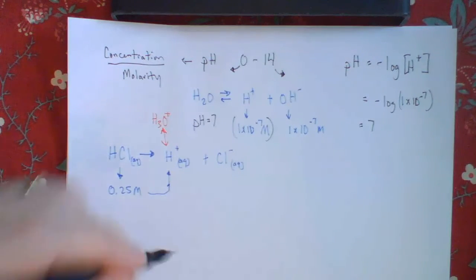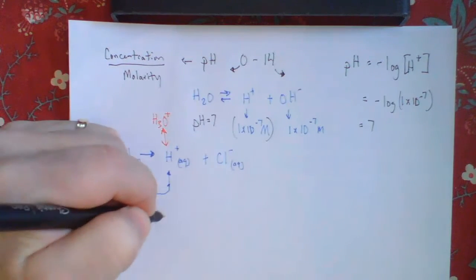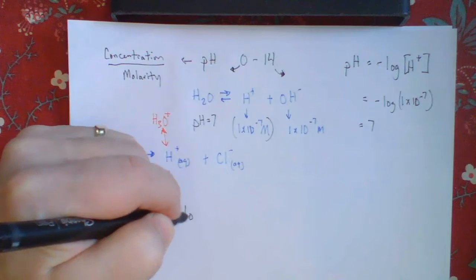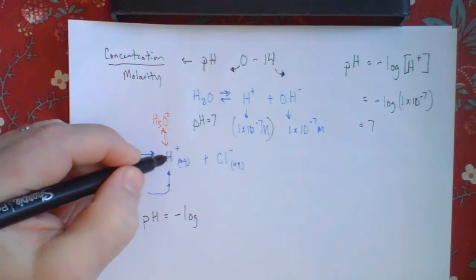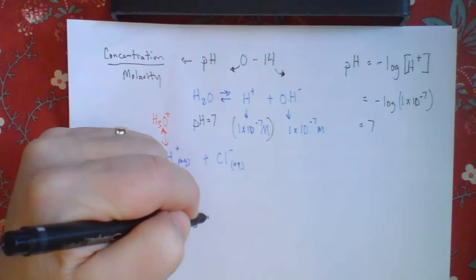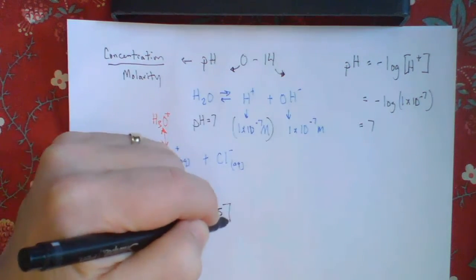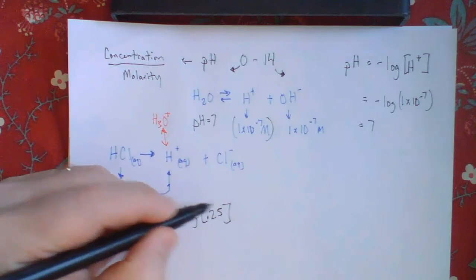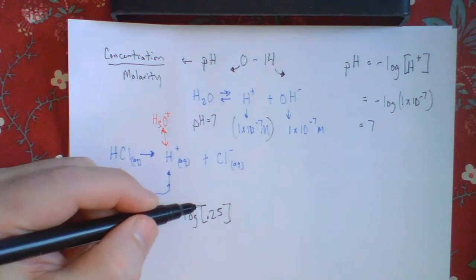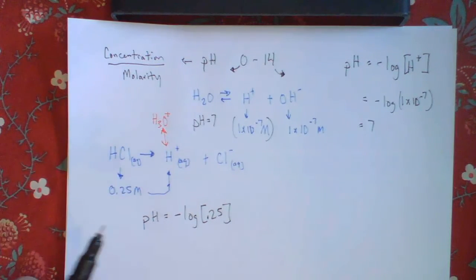So pH is just equal to the negative log of whatever that hydrogen ion concentration is. We use brackets around it to indicate that we're talking molarity here. So I'm going to go ahead and do my calculation.